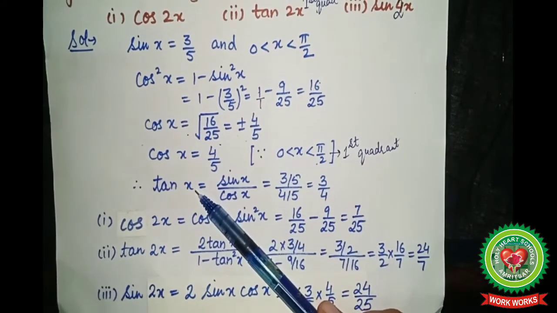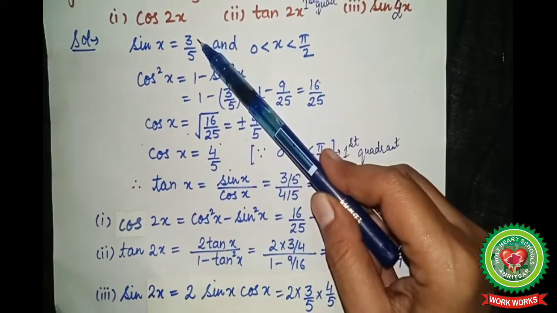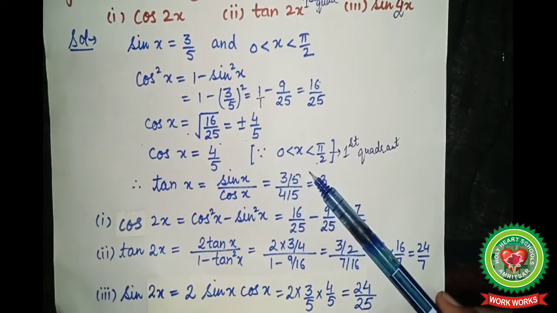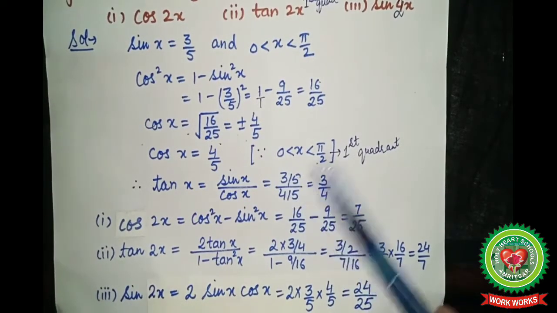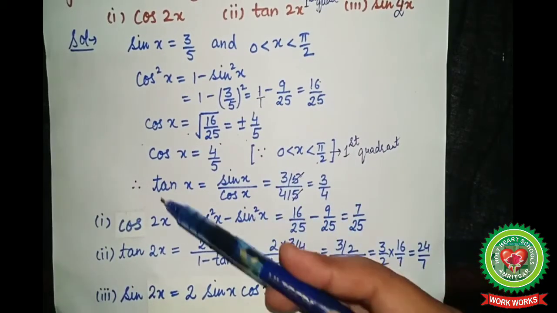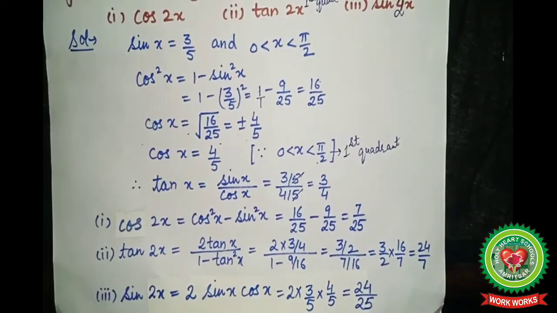Similarly, tan x can be found by dividing sin by cos. So sin x upon cos x, 3 upon 5 upon 4 upon 5. Here 5 and 5 will cancel out, so we are left with tan x equal to 3 by 4.